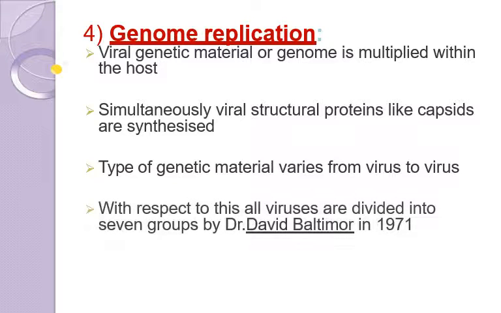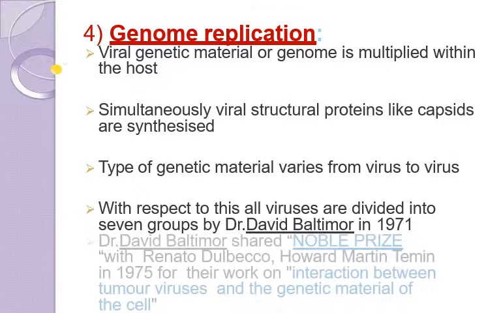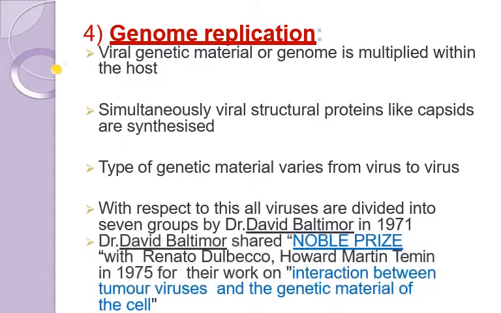With respect to this, all viruses are divided into 7 groups by Dr. David Baltimore in 1971. He got the Nobel Prize with Renato Dulbecco and Howard Martin Temin in 1975 for their work on interaction between tumor viruses and the genetic material of the cell.